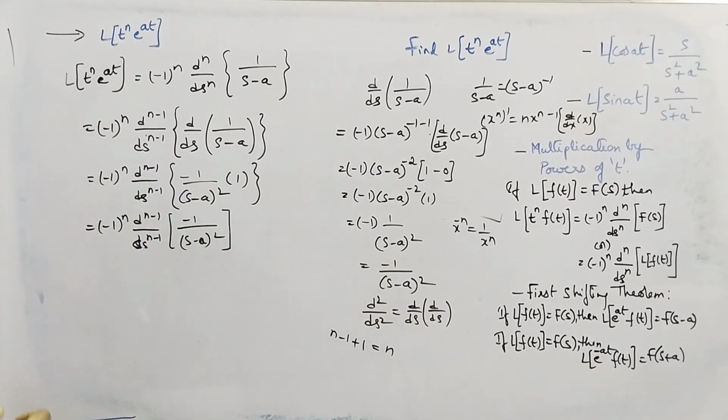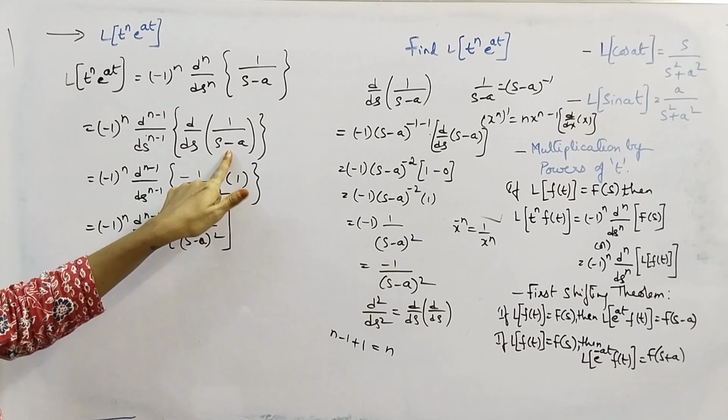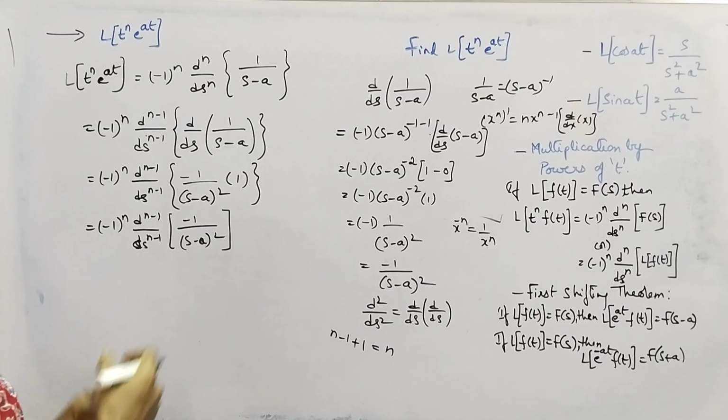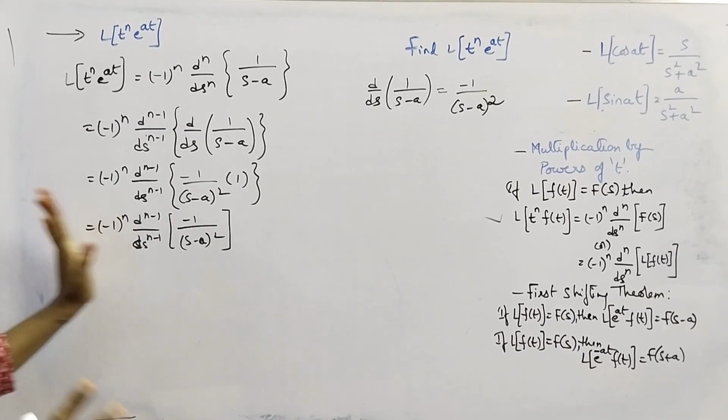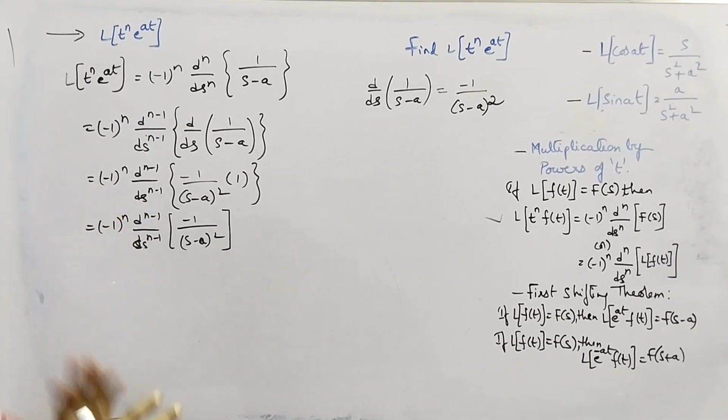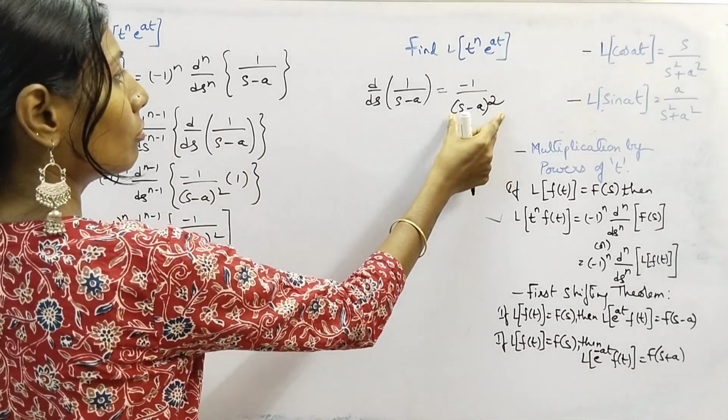Next, we'll do the second derivative of 1 by s minus a, or the derivative of minus 1 by s minus a. I'll tell you clearly. Just forget about this minus 1 power n. Now observe here. This is the first derivative value.